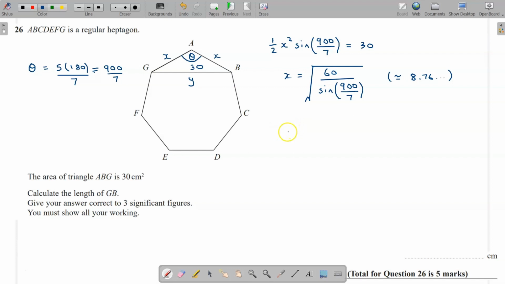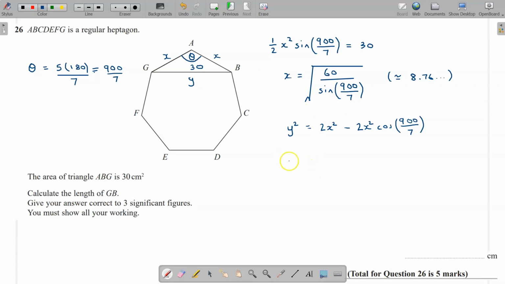Okay, so now I'm going to go to the cosine rule. I know that y squared would be x squared plus x squared, which is 2x squared, minus 2 times x, which is minus 2x squared, times the cosine of the angle between them, which is 900 over 7, the cosine of 900 over 7. Now, I know what x is because it's stored on the calculator.